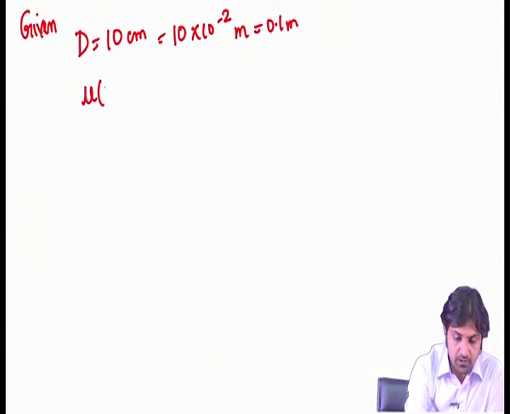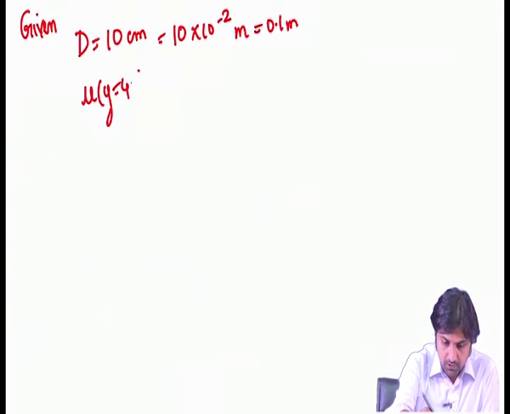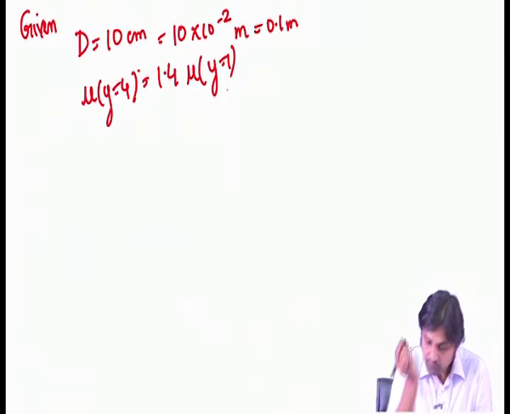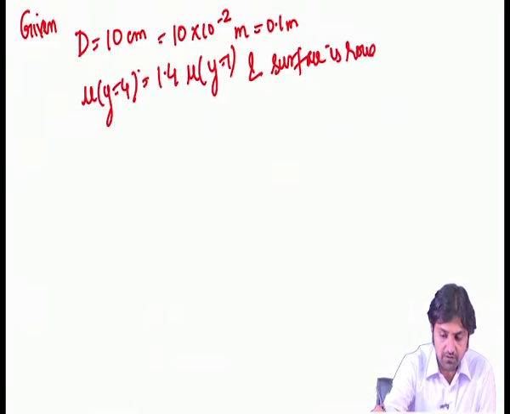It is given u at y is equal to 4 centimeters is 1.4 times u at y is equal to 1, correct, and the surface is rough.